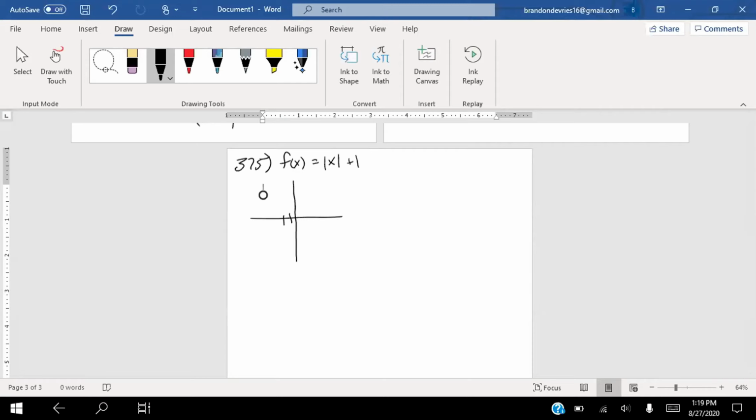Yeah, it makes everything positive. If it's positive, it stays positive, but if it's negative, it turns positive too. Okay. So it's 3 then. Yeah. So 1, 2, 3, and then it goes right here. And then if we did 0, it'd be 1. So if we start at 0, it'd be 1.